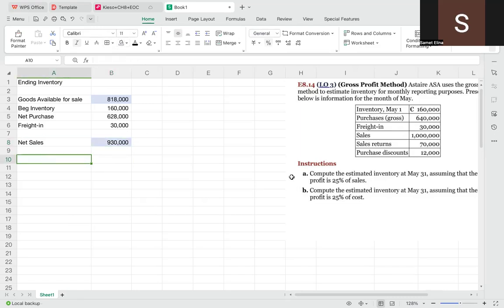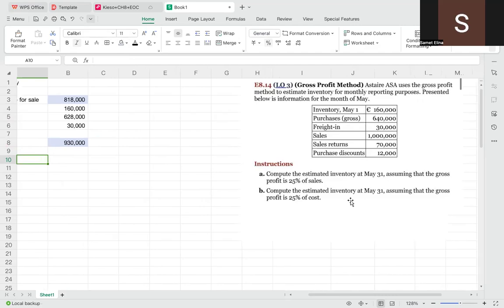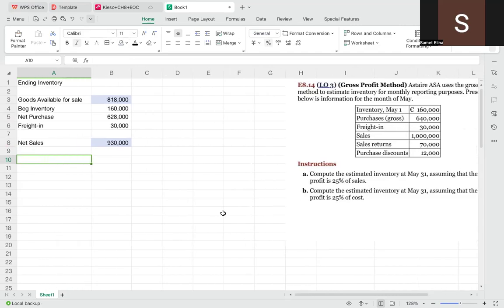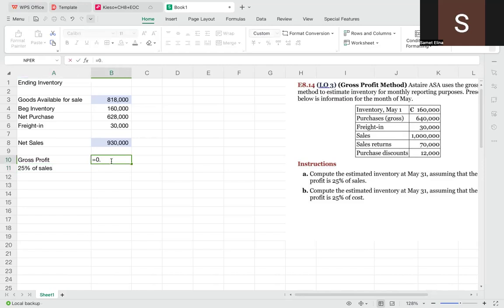So gross profit is 25% of sales, which equals 25% of our net sales, 930,000. So this is our gross profit.